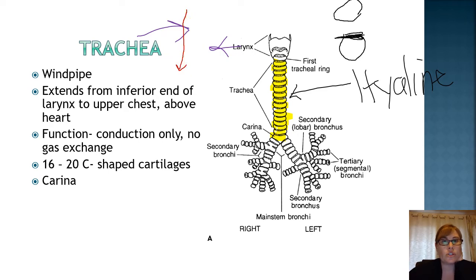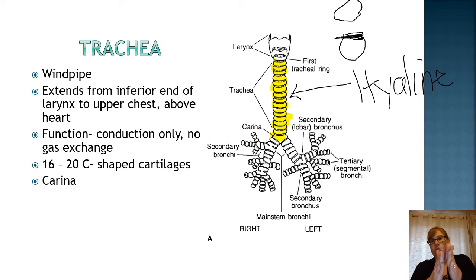To prevent it from bumping into something really solid, the back side of the trachea is softer. The esophagus, even though it's right up against the trachea, can push against it, but two soft things smushing against each other is a lot less damaging than something smushing into something that's all the way hard. So these rings that are part of the trachea are C-shaped. They don't close in the back.